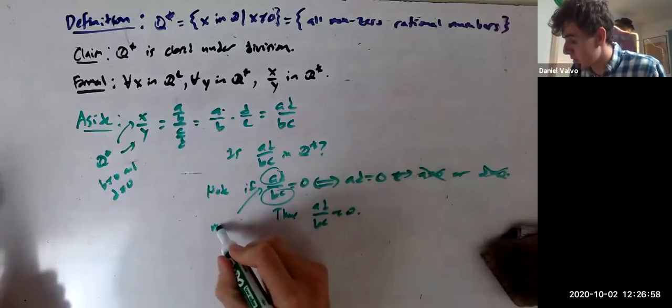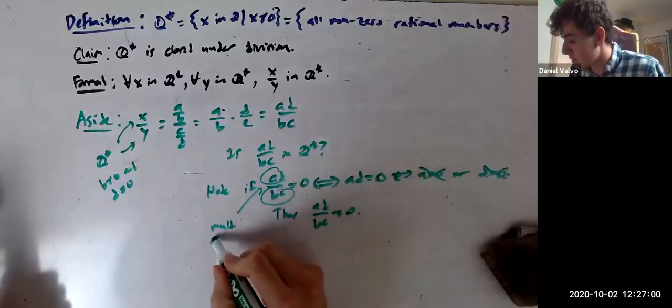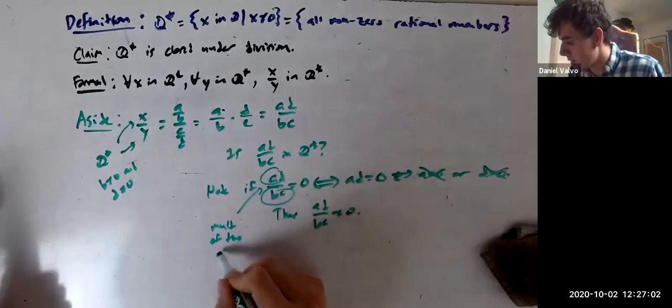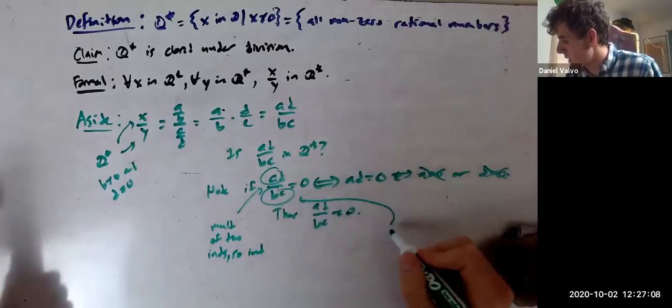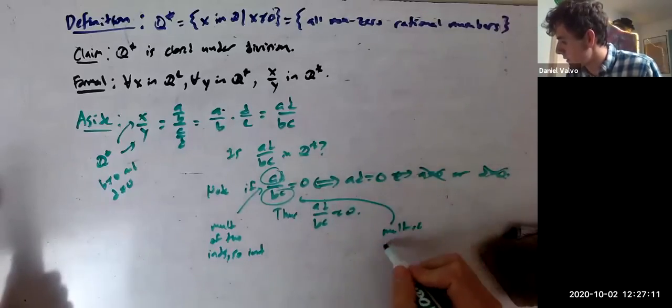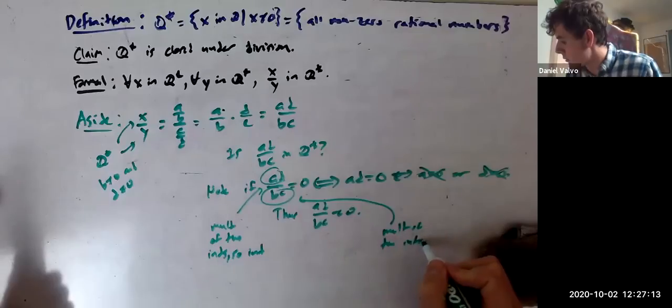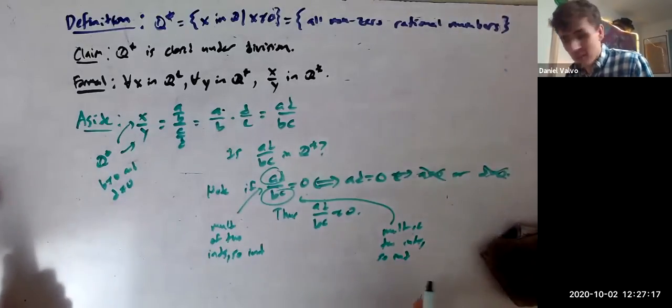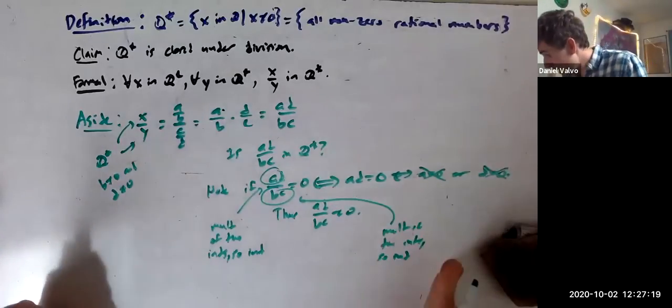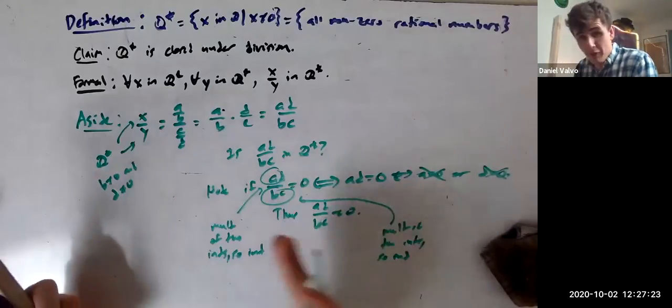Well, this is just multiplication of two integers, so integers. And same thing here, multiplication of two integers. So this is in fact a rational number.